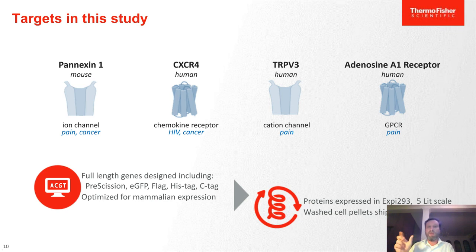We added to some of these proteins precision cleavage tags and EGFP, and also, of course, detection tags like His, FLAG, or C tag. Then we expressed those in 293 cells in 5-liter scale, and the washed cell pellet was then shipped to Salipro, and I will hand over to Jens to continue with what they are doing with our cell pellets.